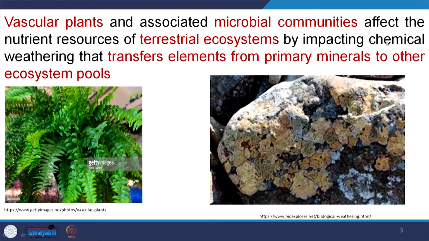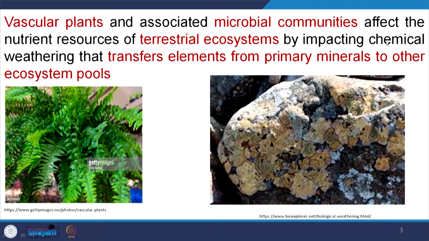So, once we have the vascular plants and micro communities, or the algae, growing on these rocks, they break the rocks chemically into different supplements, different mineral constituents, and these free minerals, the free elements, are transferred from one place to another through physical weathering, through rivers, through winds.